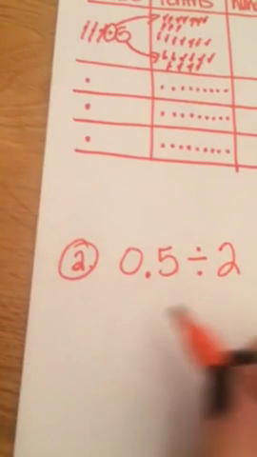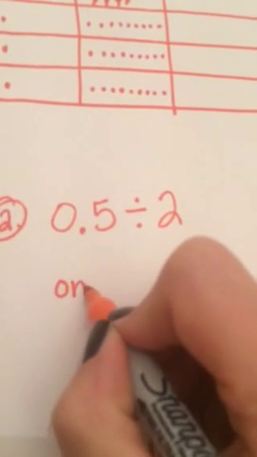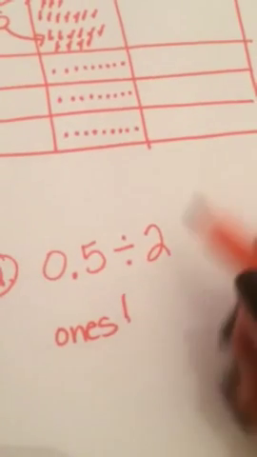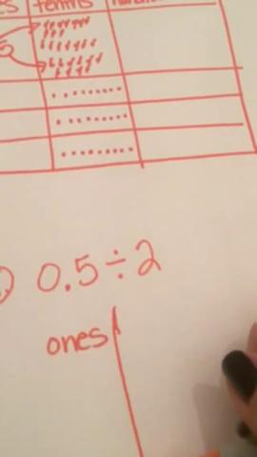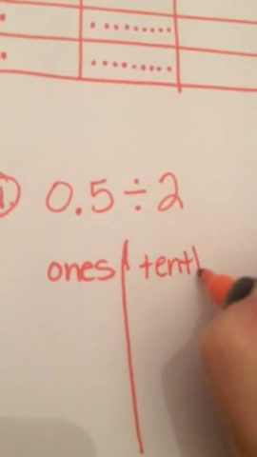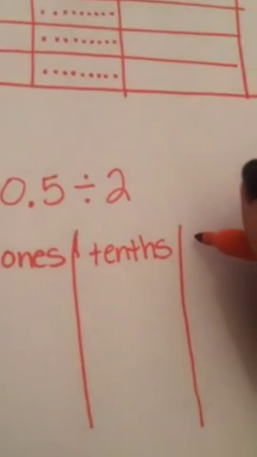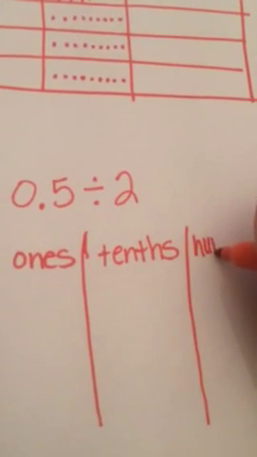Again, we're going to need to set up our place value chart. So we're going to have our ones, our tenths, and we'll take it out to the hundredths.